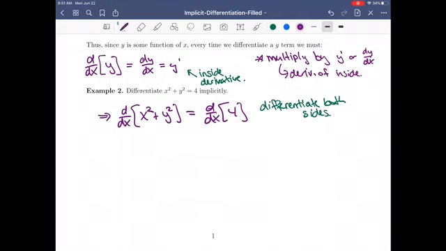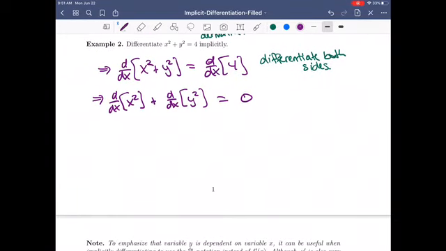On the left-hand side, when I have addition, I can do those separately. So I take the derivative of x squared and the derivative of y squared and add them up. The derivative of 4 we know is 0.